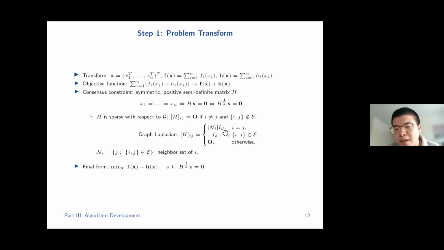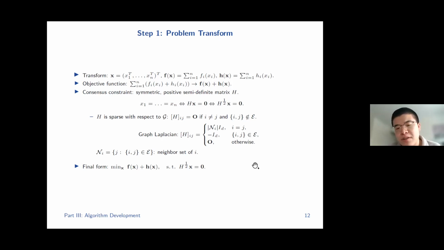When d equals 1, this matrix is actually the graph Laplacian matrix of the underlying graph. The matrix H in this example satisfies symmetry and positive semi-definiteness, and is sparse with respect to the underlying graph. In addition, Hx is equal to 0 if and only if all the local variables xi are identical.